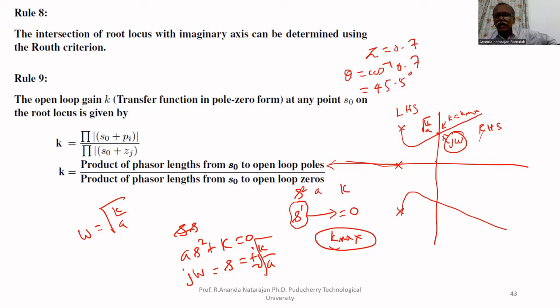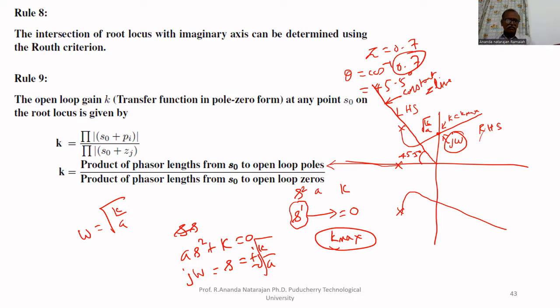So I have to draw a line at 45.5 degrees. This is called the constant zeta line, zeta equal to 0.7.